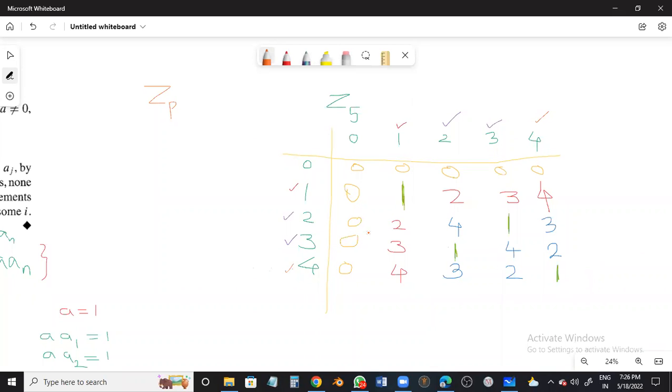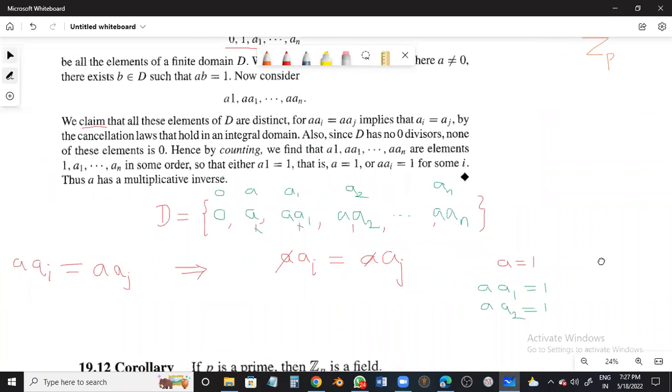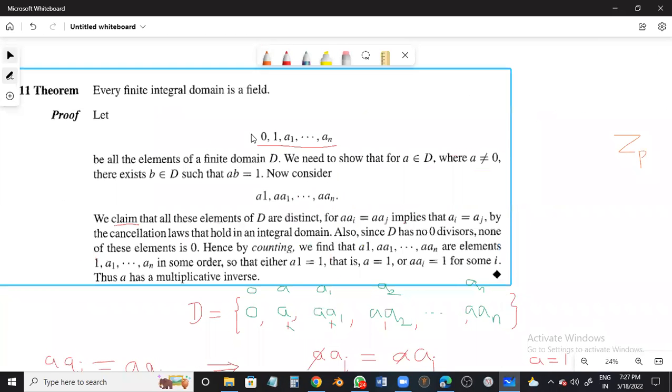So what you observe, every time I'm getting the same set as Z5. So what is our first target? Our first target is to show whenever we multiply by a to the elements of a ring, the number of elements remains the same. Means all the elements are distinct. No two elements are same.